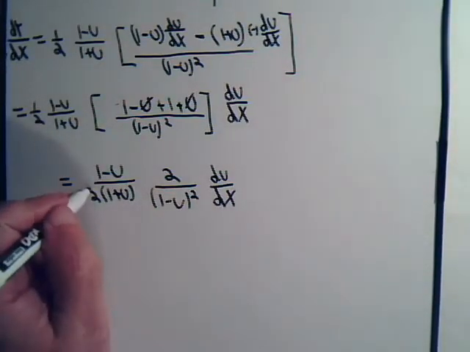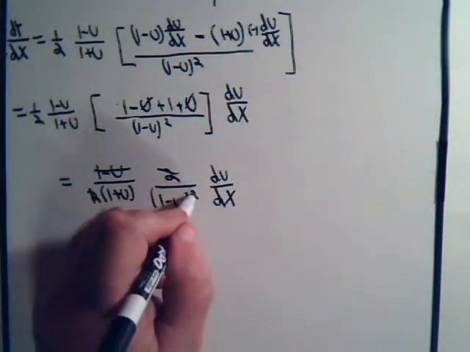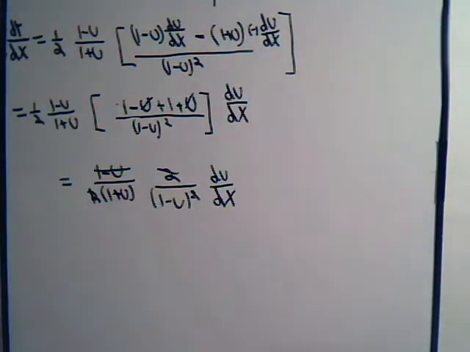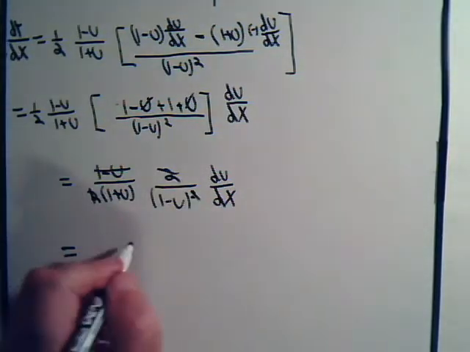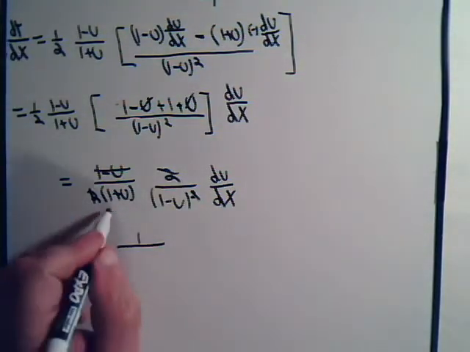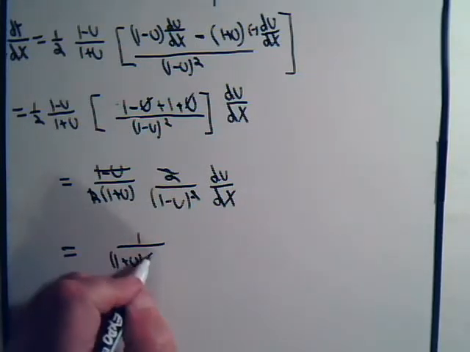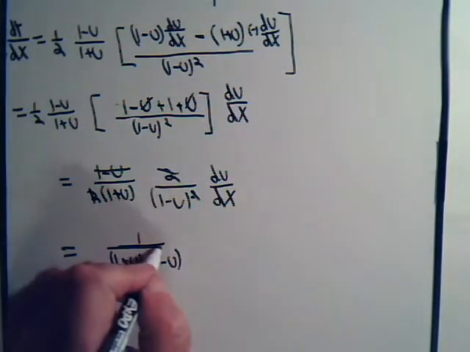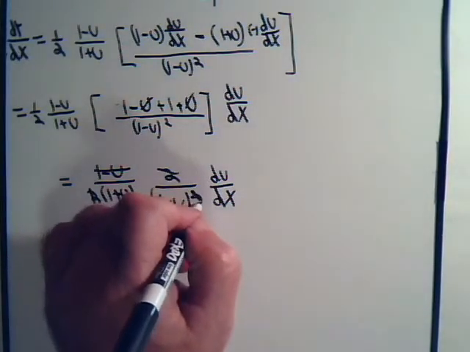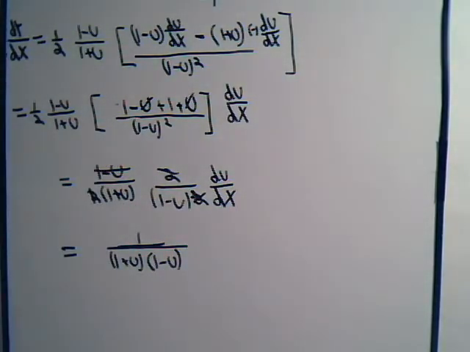And the 2's will obviously cancel. And let's see, this and this will cancel. So what do we have left? Up here we just have 1 over (1 plus u) times (1 minus u). This was (1 minus u) squared, but that canceled out with this (1 minus u) up here.